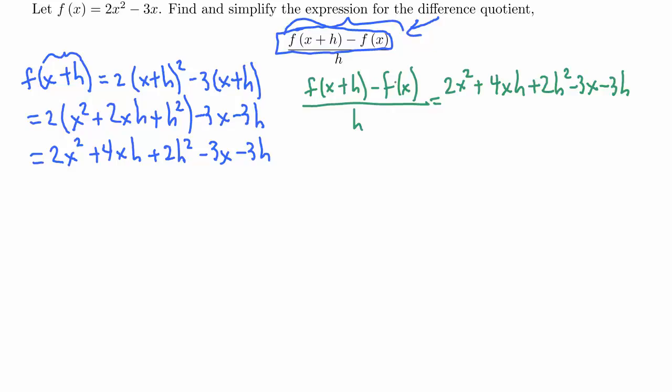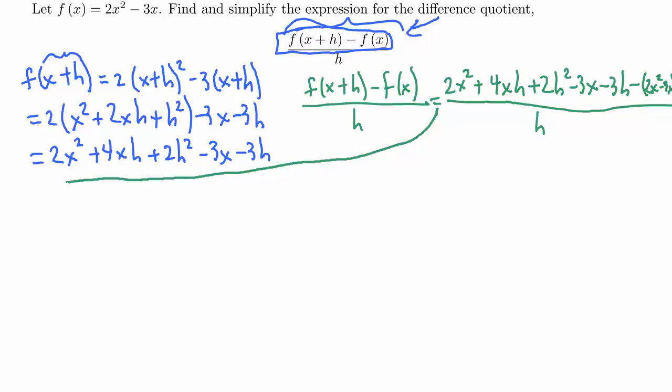Now I have to subtract off the original function. So minus the original function of 2x squared minus 3x. I'm not sure I have enough room there. 2x squared minus 3x. Hopefully you can see that. All of that gets divided by h.